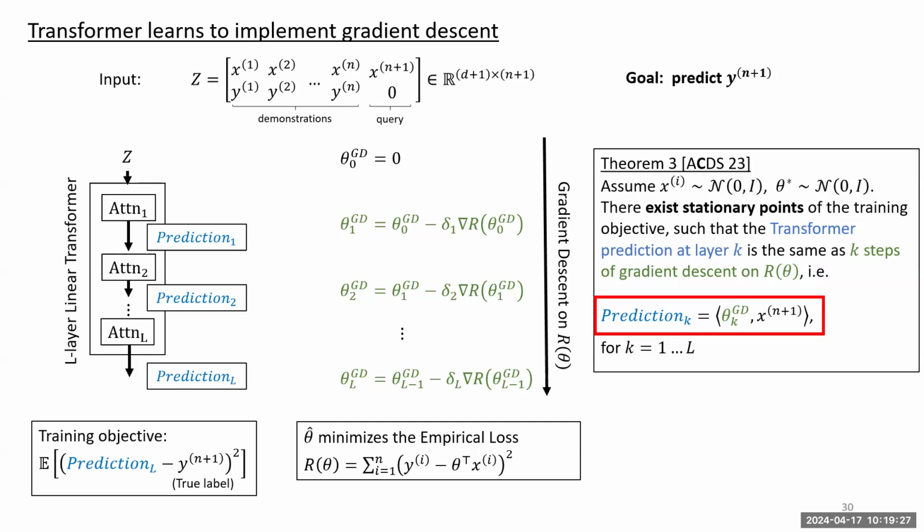So concretely, the prediction after one transformer layer is the same as using theta_1 inner product x_{n+1} to predict y_{n+1}. The prediction at layer 2 is the same as using theta_2 to predict y_{n+1}, and so on for every layer.